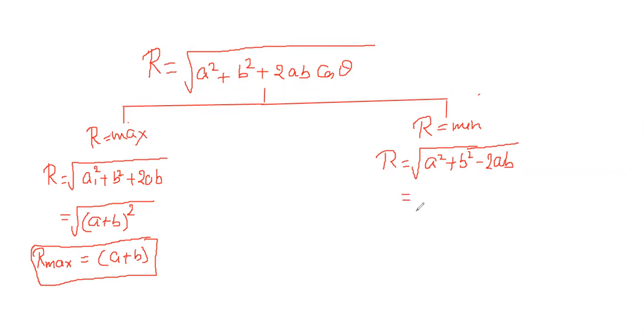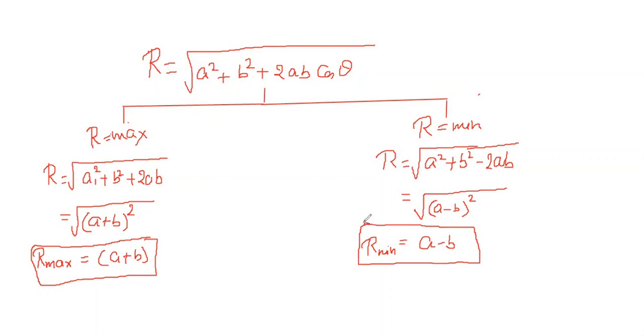We get A minus B whole square. So R minimum is A minus B. In this video, you learned the maximum and minimum value of R: R maximum equal to A plus B and R minimum equal to A minus B.